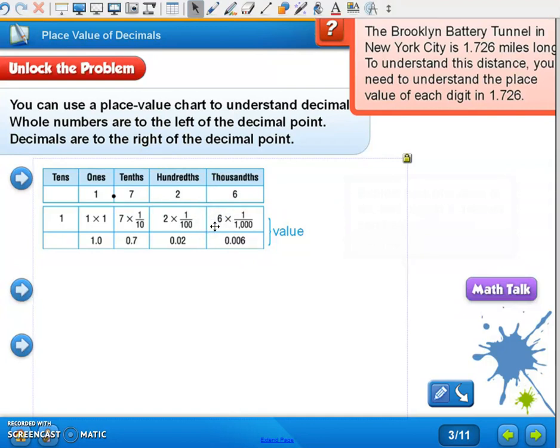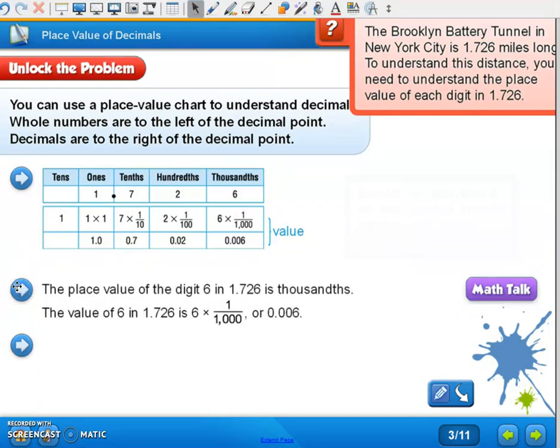Or we could write it as the whole number 1 with the decimal point, 0.7 with 7 in the tenths place, 0.02, the 2 is in the hundredths place, and 0.006 with the 6 in the thousandths place.